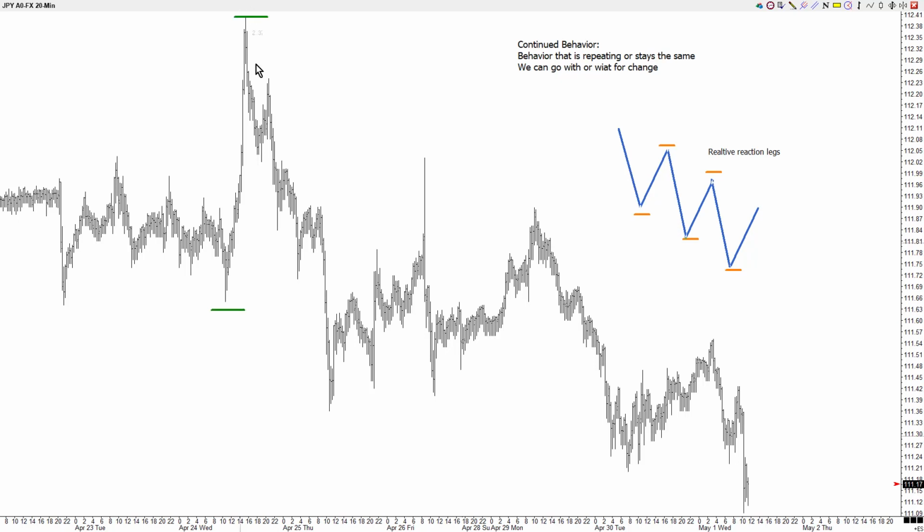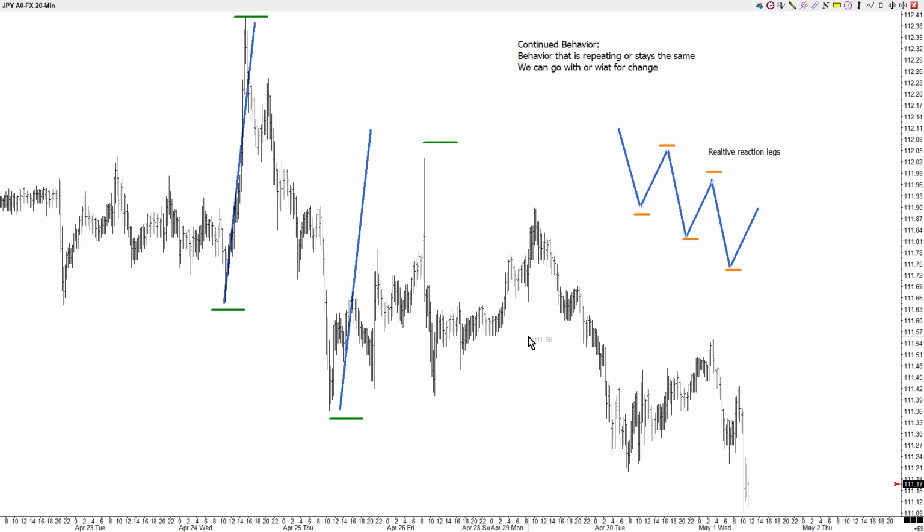So first we need to be able to isolate some swings. And as we see, we have at least two confirmed swings making the same size leg. This is signifying a continued behavior.